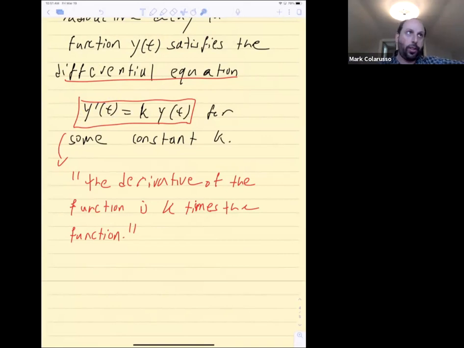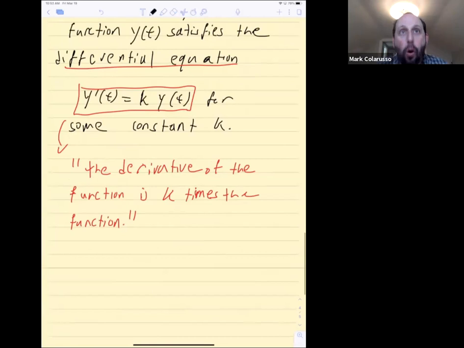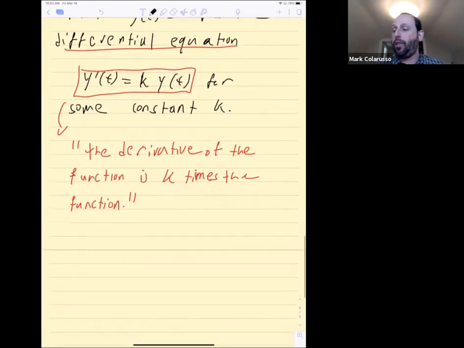Because if you think about air resistance, the faster you're going, the more resistance you'd have. So this appears so much in nature in all kinds of places, physics, finance, biology, chemistry, that this is why the exponential function is so important. Because the exponential function is essentially the only solution to this differential equation.